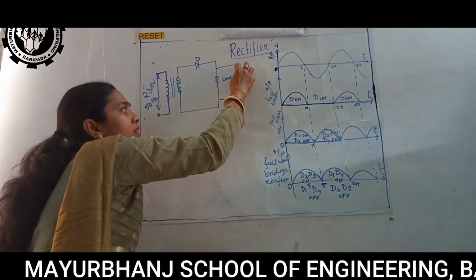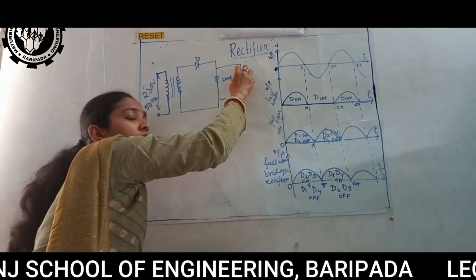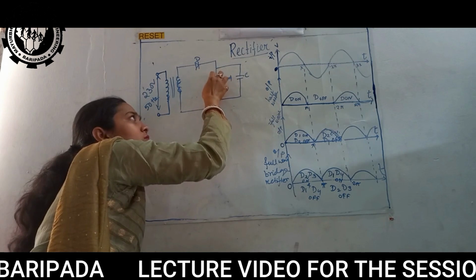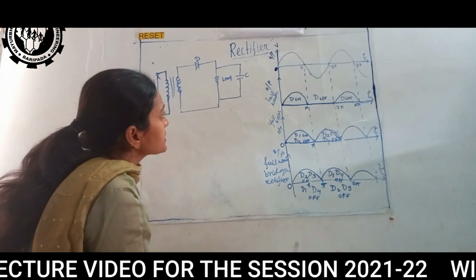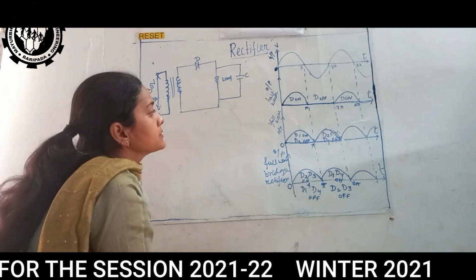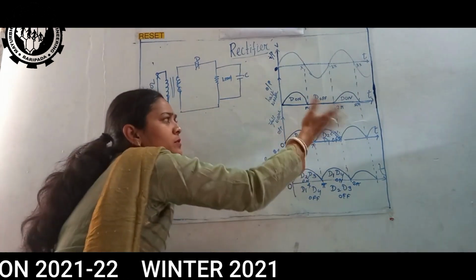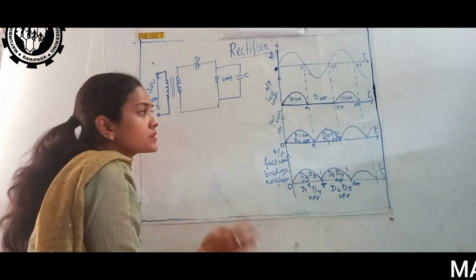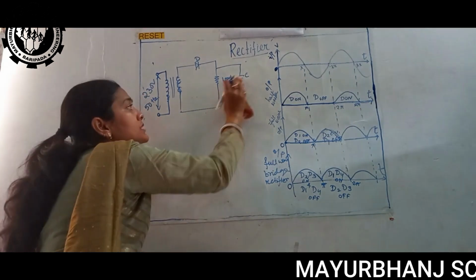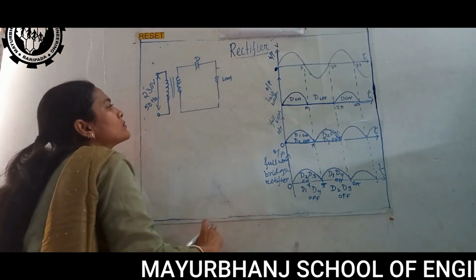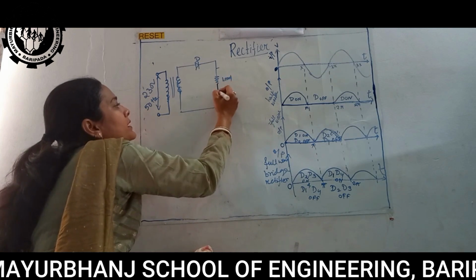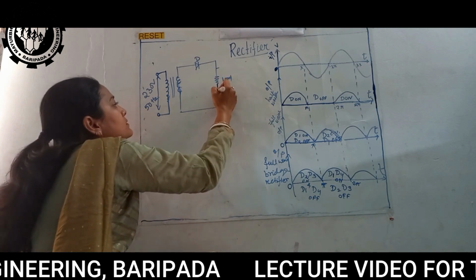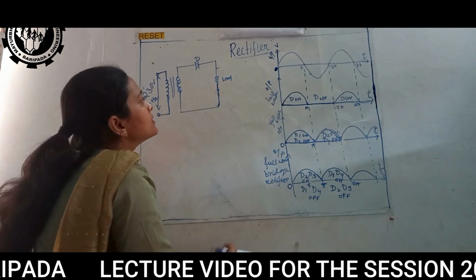So whatever DC component there is, it is passed to the load, and we are getting pure DC. The waveform will now change; I'll discuss all this in the filter circuit. We can also use an inductor, connected in series to the load.